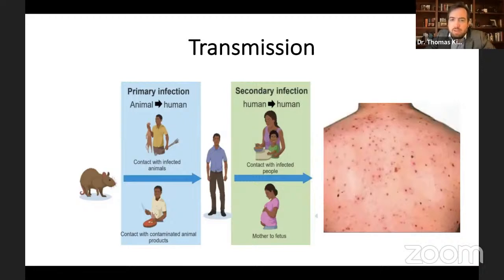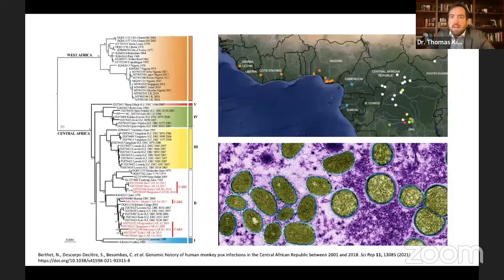And it has been shown to spread from mother to fetus. As I was talking about, it's really been endemic in West and Central Africa since the 1970s, for a long time.